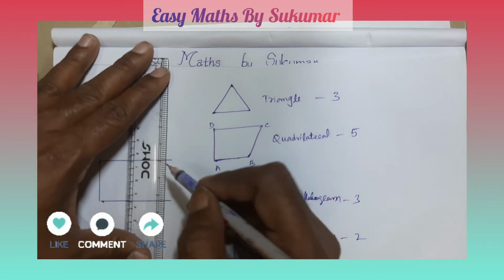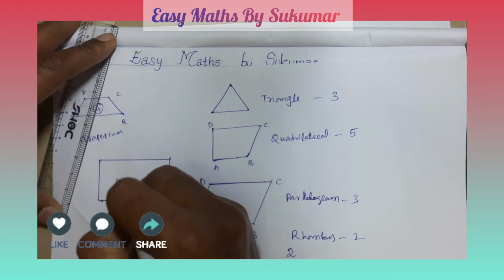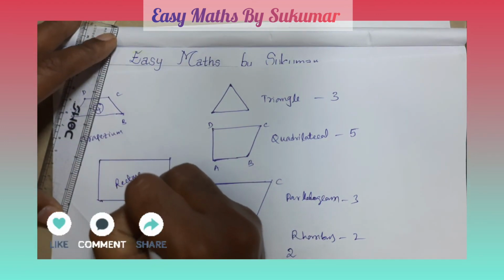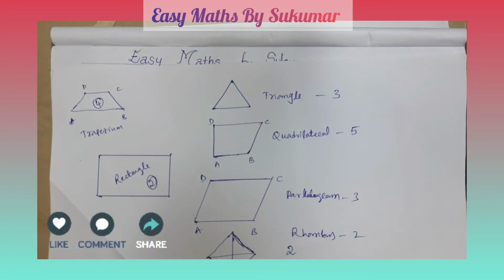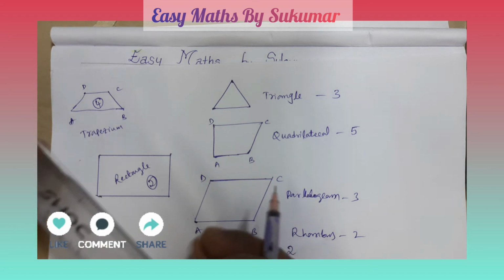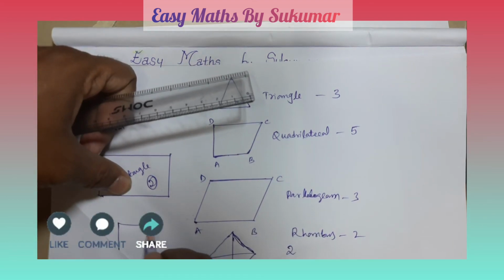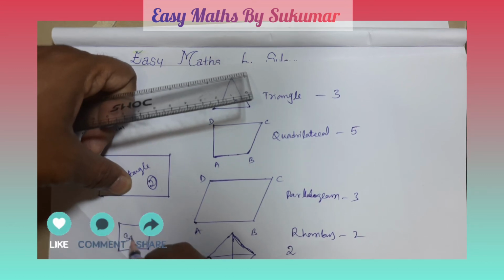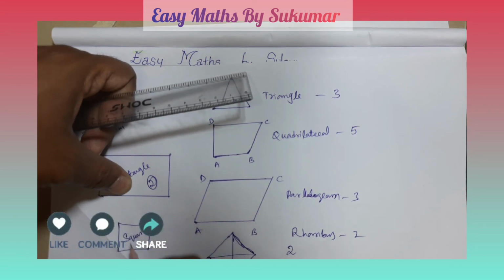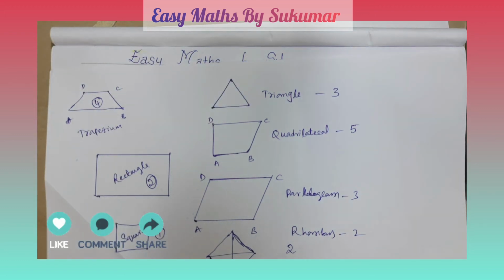Two measurements are required. And the last one is a square. Square means all sides are equal. So to construct a square, my dear students, we need just one independent measurement.